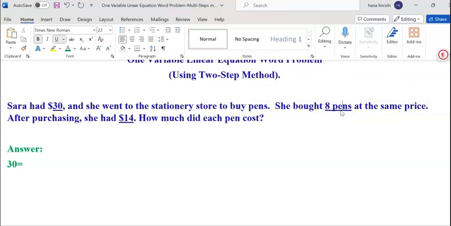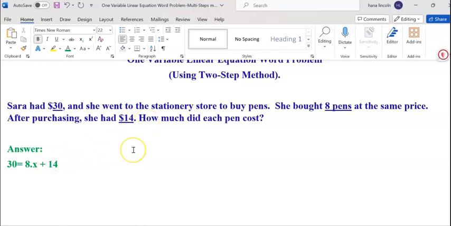We don't know how much each costs, so we have 8 pens times the price of each pen, which is x, because each pen costs the same price. So we write down 8 pens times the price of each pen, right? Plus the amount of money she was left with, which is $14, right?